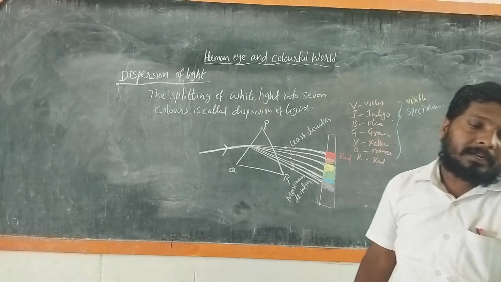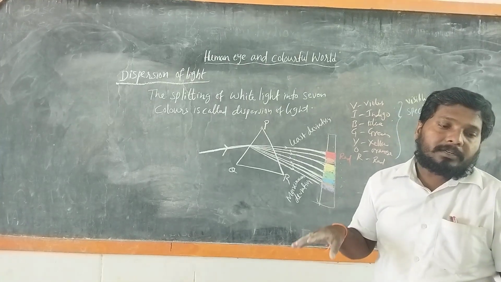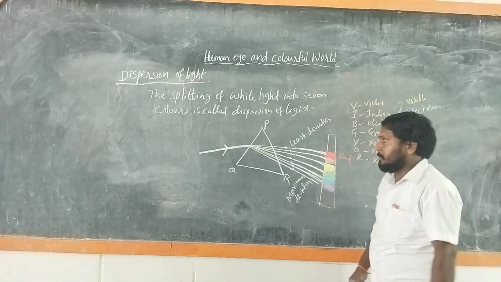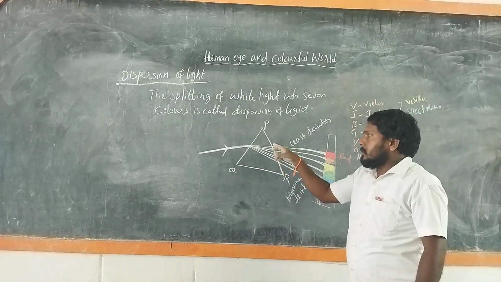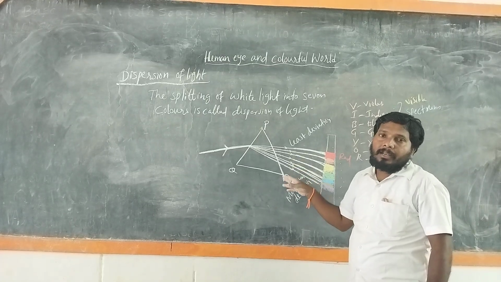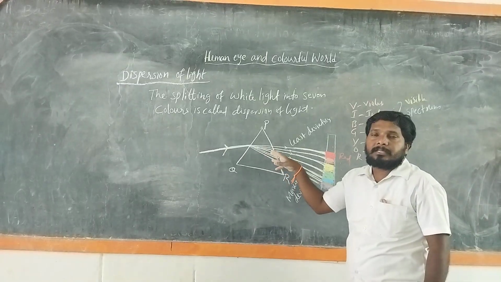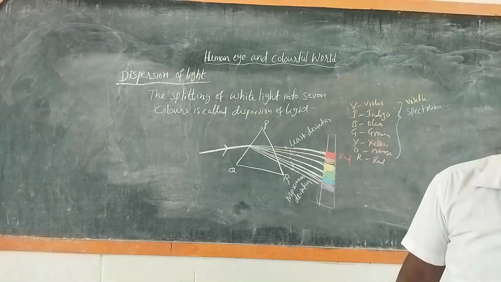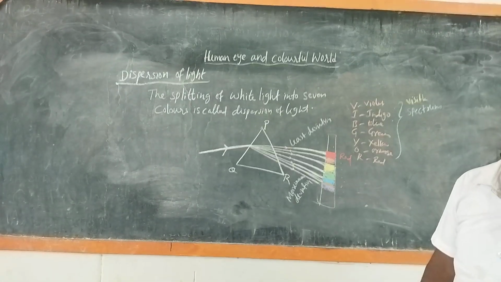The dispersion of white light occurs because the colors of white light travel at different speeds in the glass prism. White light is a mixture of 7 colors, and each color travels at a different speed in the prism. The amount of refraction depends on the speed of the colored light in the glass.